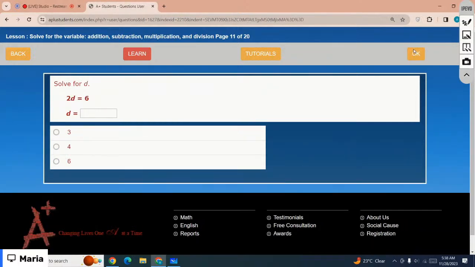2d equals 6, which is the correct option? The correct option is 3.